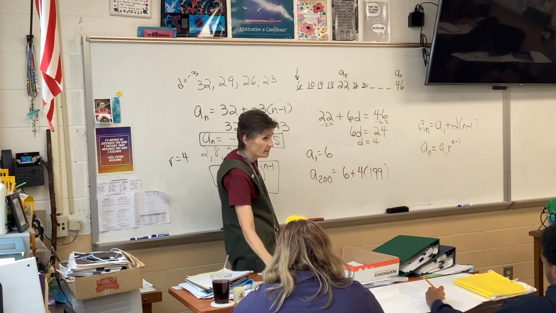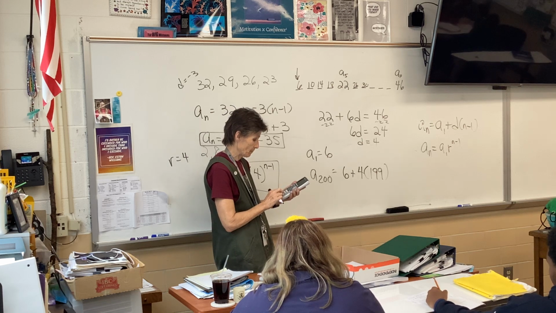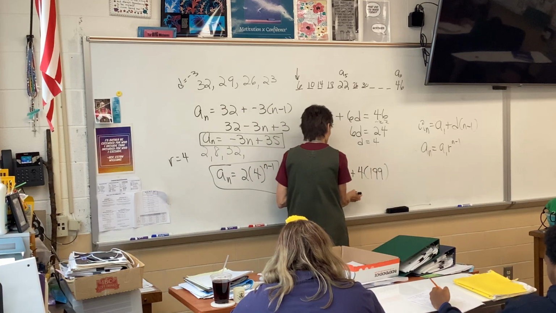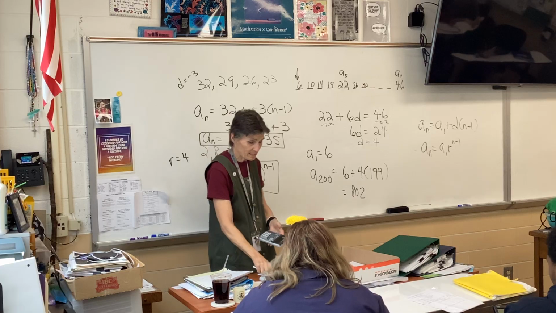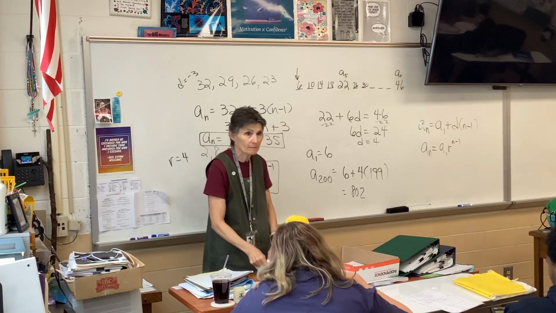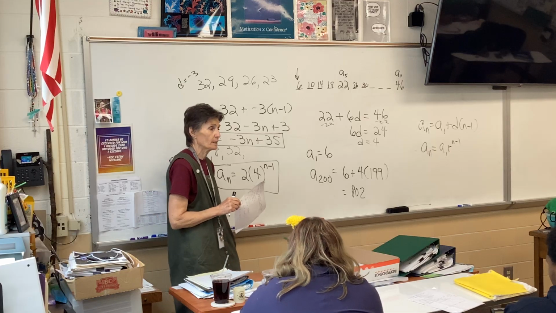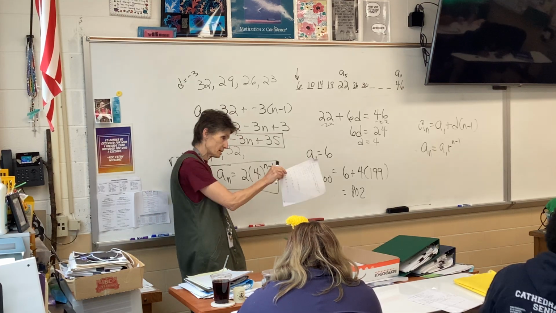Why 199? 200 minus 1. And I got 802. We should all be typing it in, because we're making calculator mistakes, and that means we're not practicing. Zion, we need to practice with our Grapple, because that's the only allowed calculator in this class, unless it's a baby.